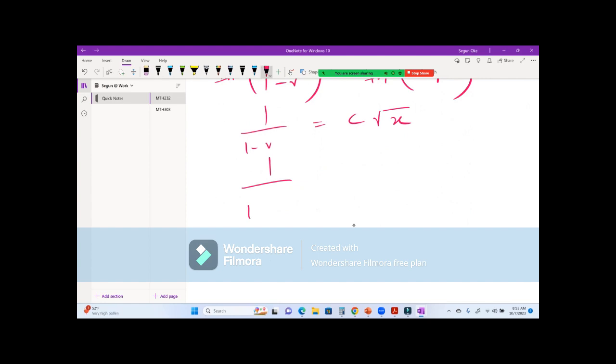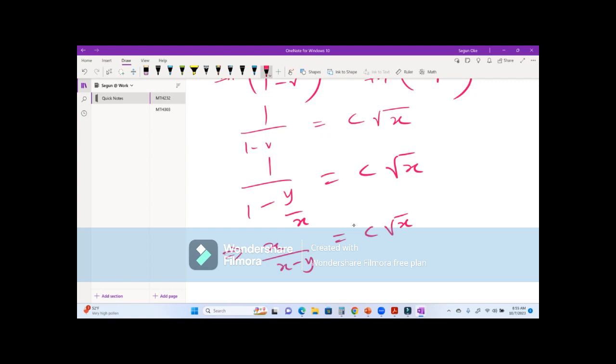Y over X, right? Yes, sir. Equals C square root of X. When you rationalize this one, what do you have? You have it to be what? S over S plus S minus Y equals C square root of X.